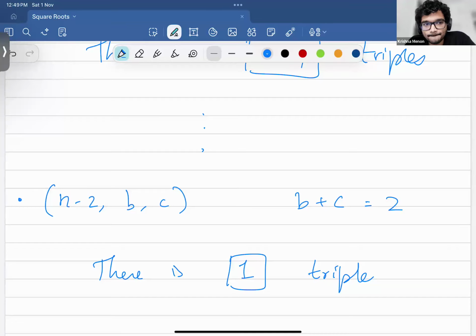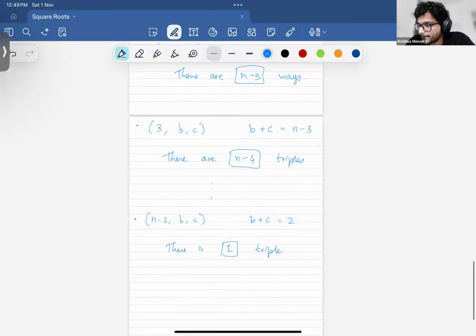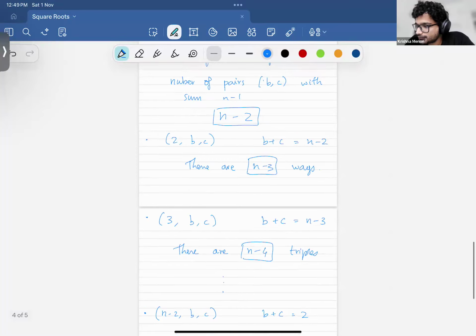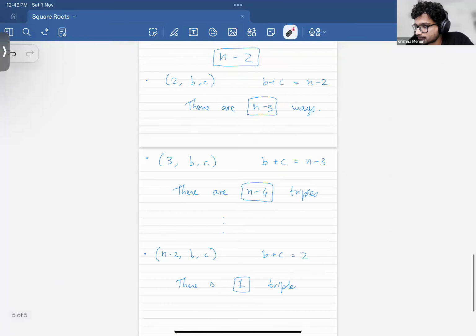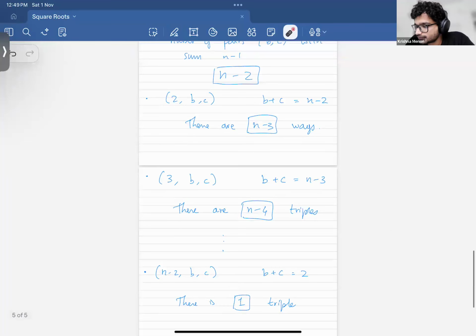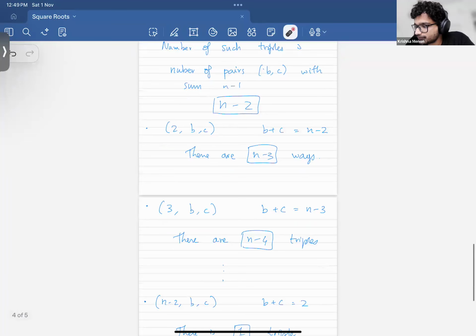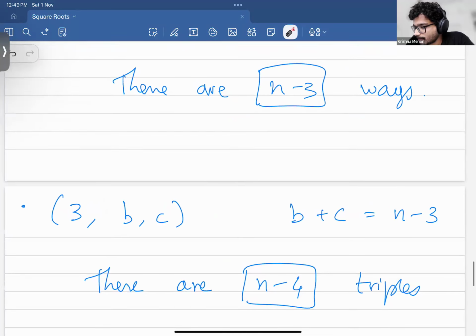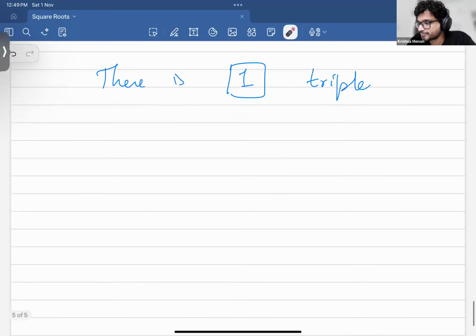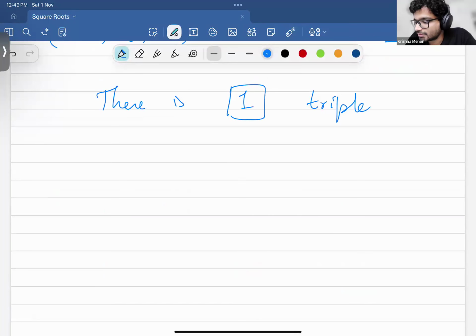So in total, the sum of all of these numbers of ways is 1 plus 2 plus and so on till n minus 2, which is just the n minus 2 triangular number, which is n minus 2 times n minus 1 all over 2. Yes, so let me write down what you said.